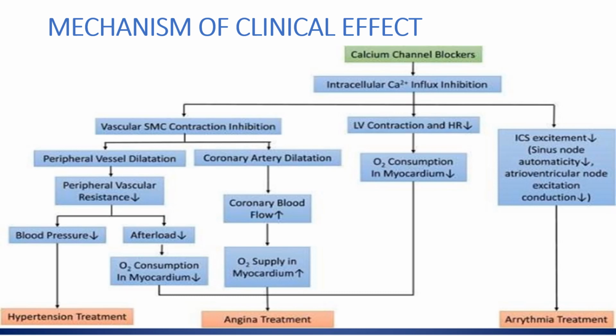This means one of the aims has been achieved, that is, oxygen consumption in the myocardium is now decreased. Okay, now by causing coronary artery dilatation, we are increasing the coronary blood flow, and by increasing the coronary blood flow, we are achieving the second target, and that is increased oxygen supply in the myocardium, and this is the main goal of angina treatment.